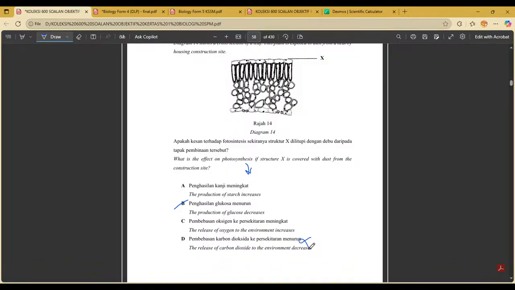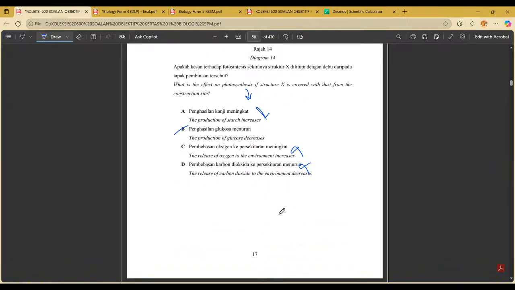Carbon dioxide isn't taken in and oxygen isn't released. Well, oxygen is released, but it doesn't increase, it decreases. And they don't produce starch.